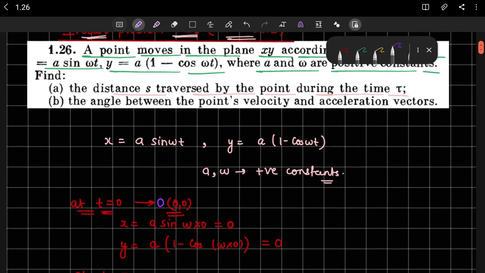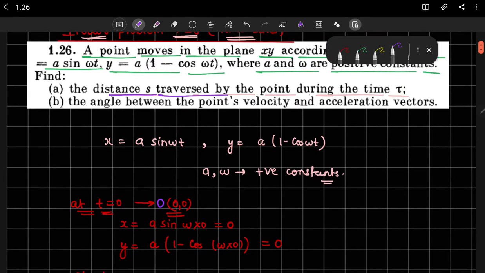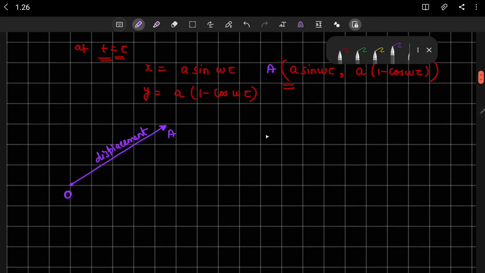Now in this particular problem it is asked to find the distance. For that we have to find out the speed, and after finding the speed we can integrate the speed with respect to time from t is equal to 0 to t is equal to tau, and from here we will get the distance.